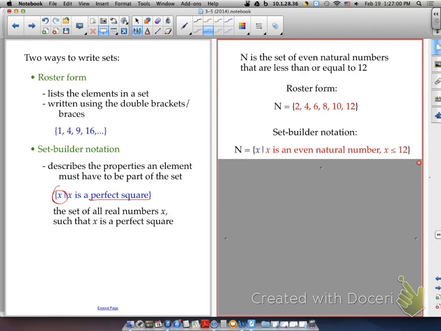Now, why wouldn't this include negative values? Well, natural numbers are only positive, 1 and up, correct? Does this make sense? Okay.